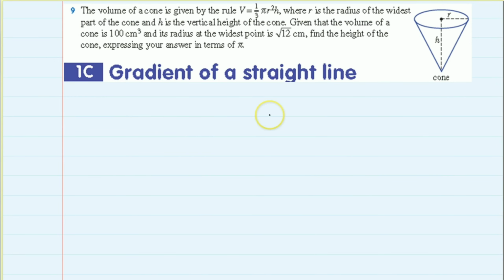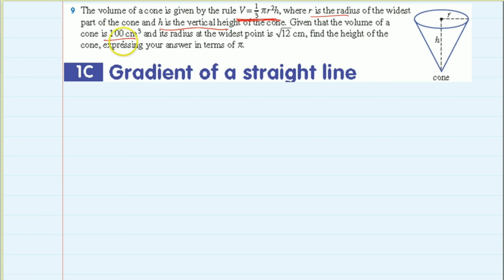Question number 9 is quite wordy, but if we read through it, it's reasonably easy to figure out what they're trying to ask us to do. So the volume of the cone, they've given us a formula here for the volume of a cone, and it tells us what each of the variables are. R is the radius, H is the vertical height. It then gives us some of the values.